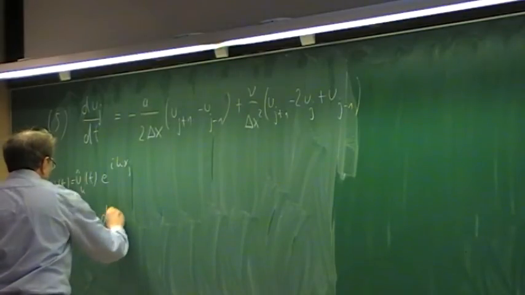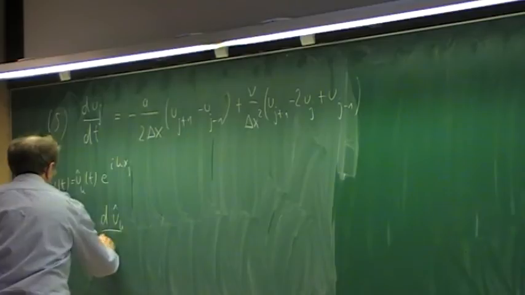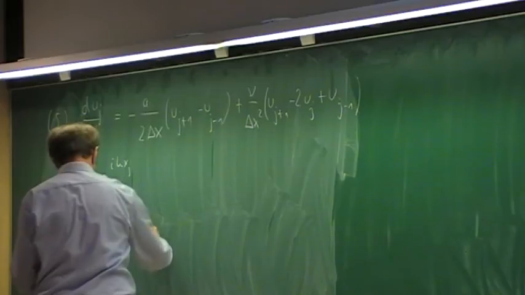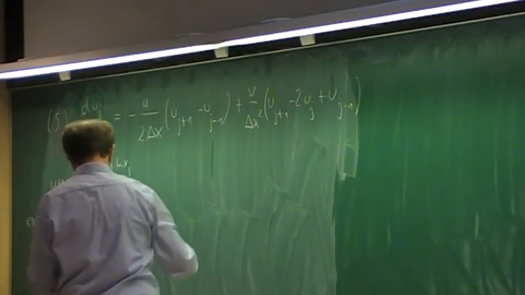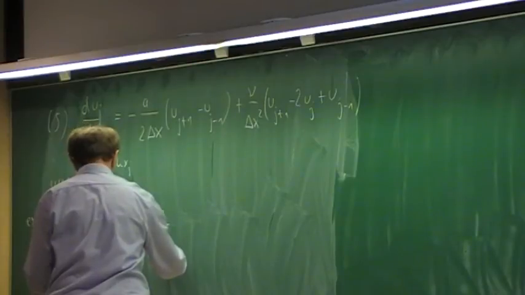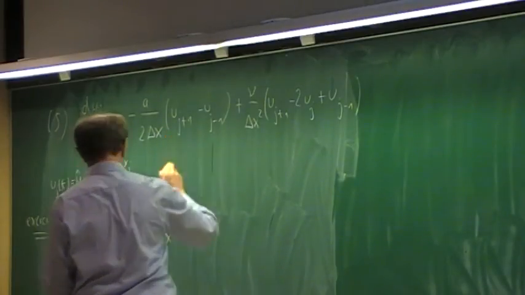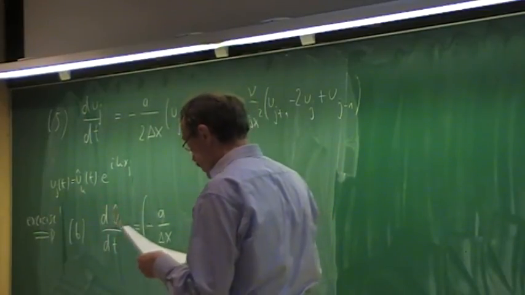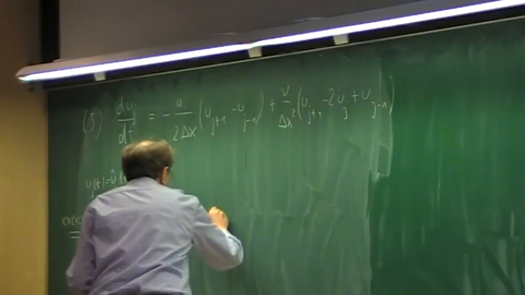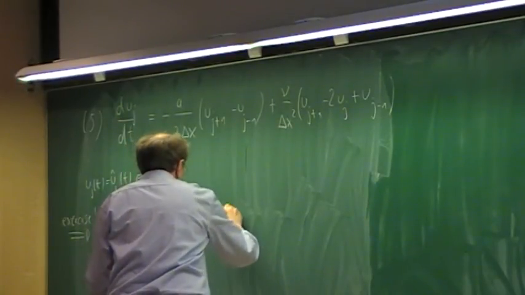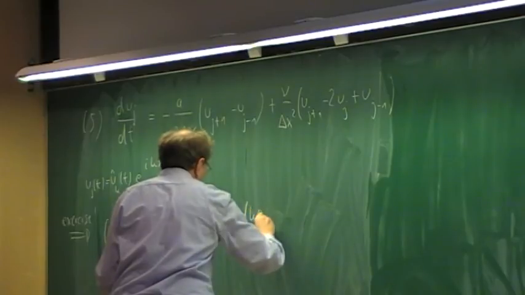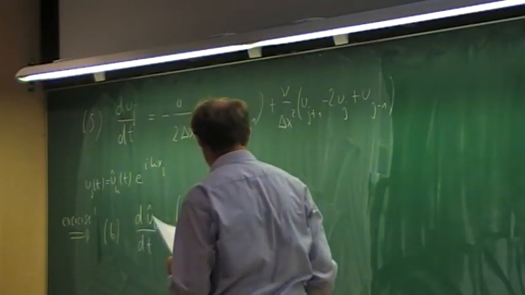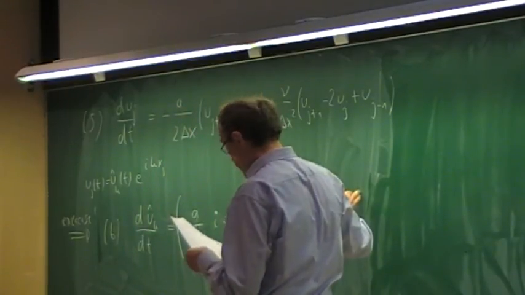We get the time derivative of the amplitude, and on the right-hand side, we get minus a divided by delta x, and from the central discretization, we use Euler's formula here. So we get in here now the imaginary unit, and you get in the sine of k delta x. So that is coming from the discretization of this part here, and we factorize the amplitude.